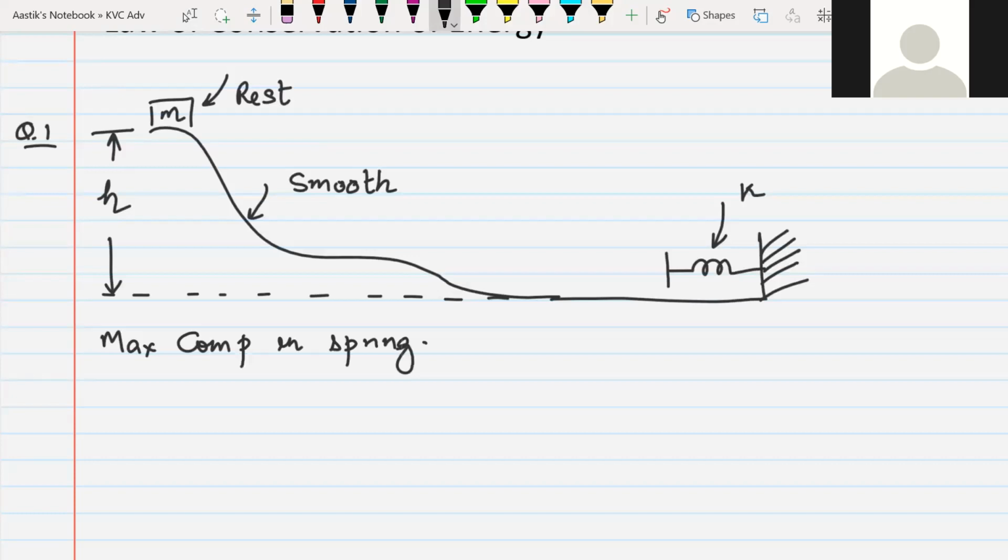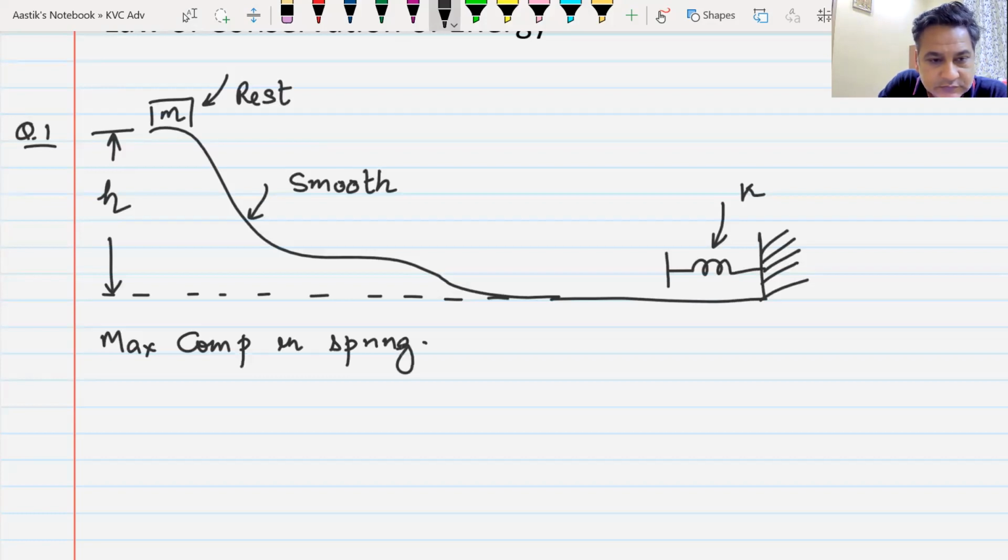Sir, it is under root 2mgh by k. That looks correct. How did you get this answer?